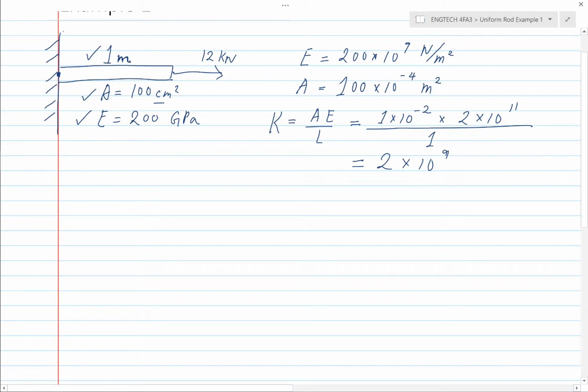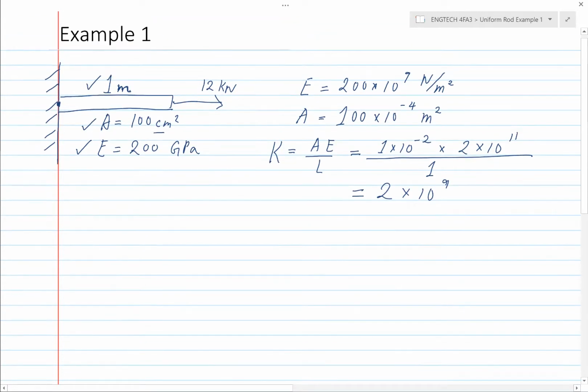Okay, let's redraw that rod and simulate it with a spring element. First step, we name the nodes 1 and 2. And the movement for 1 is U1, and the movement for 2 is U2.